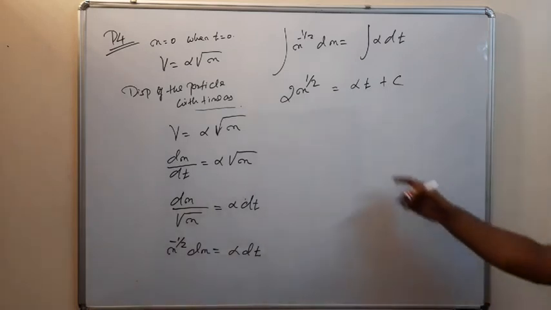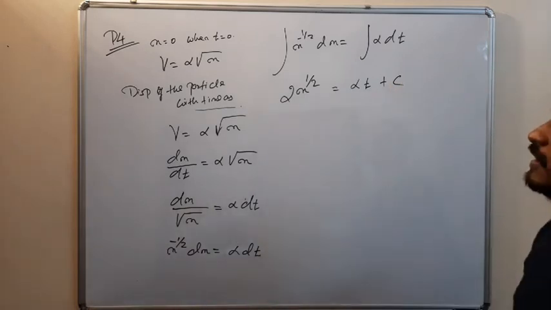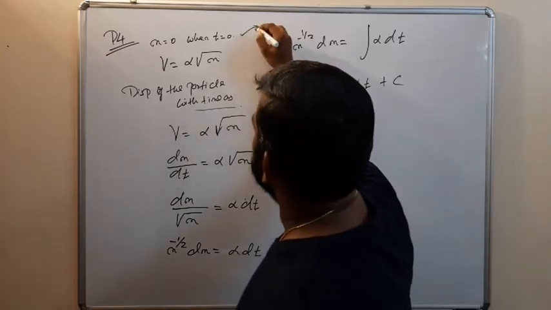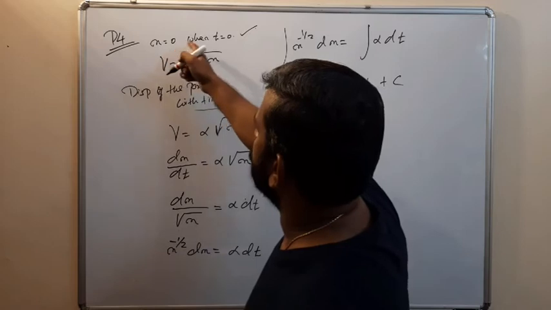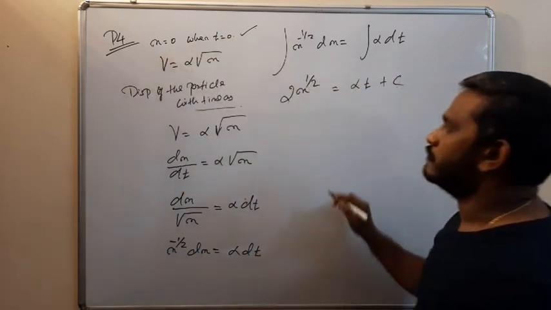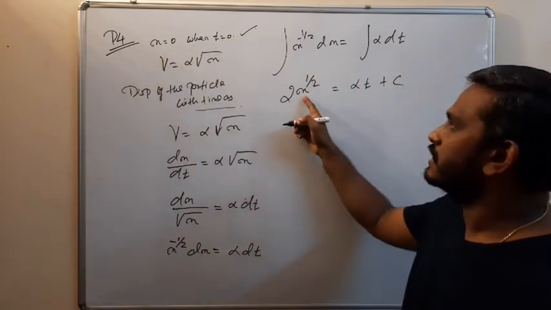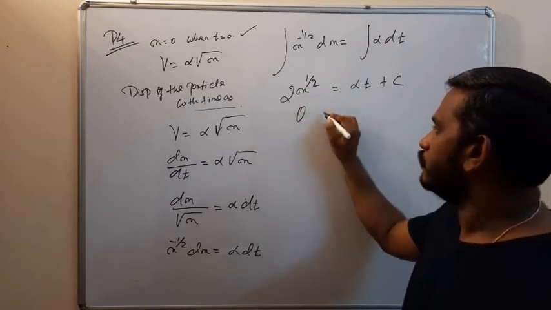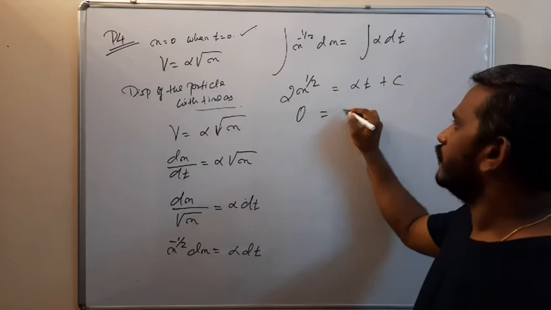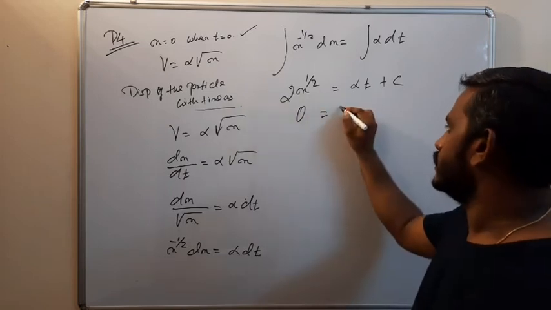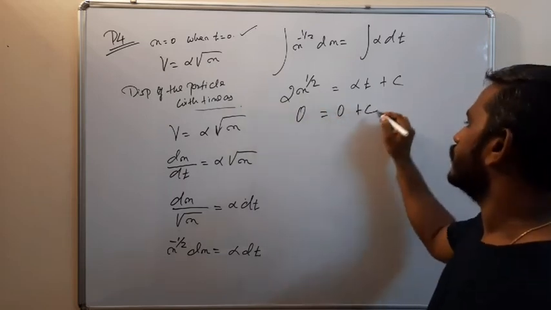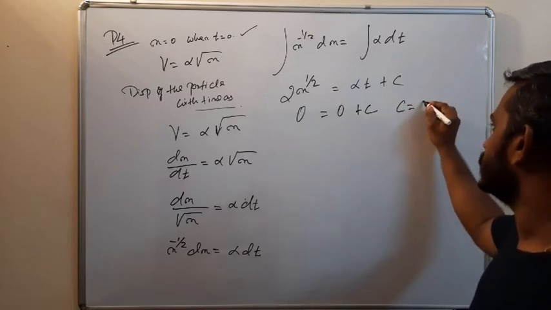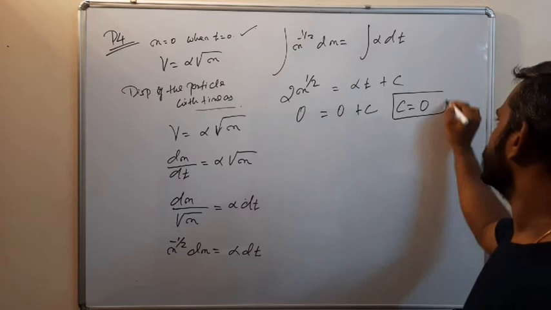Since we are integrating without limits, there is a constant of integration. One initial condition is given: when x is equal to 0, time is equal to 0. Applying that, 0 is equal to alpha into 0 plus c, so the constant of integration c is equal to 0.